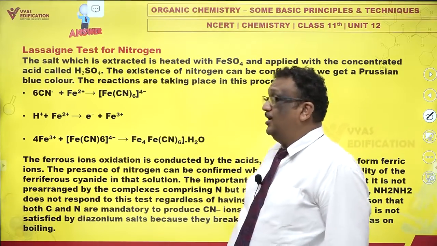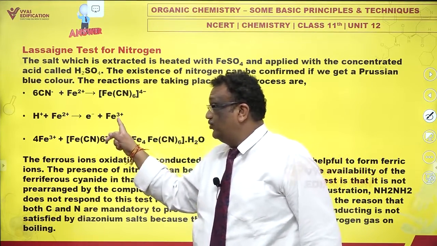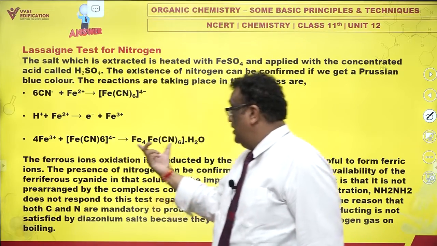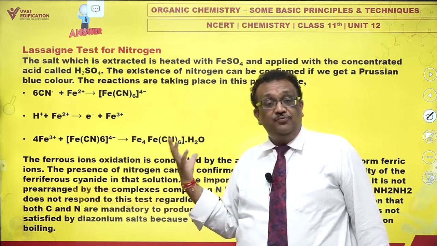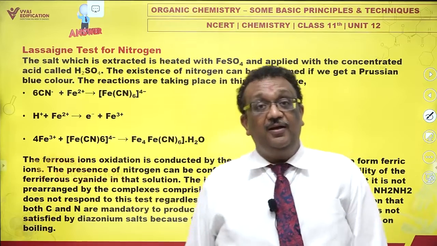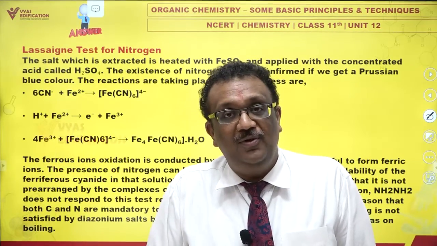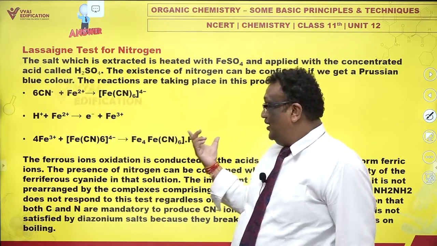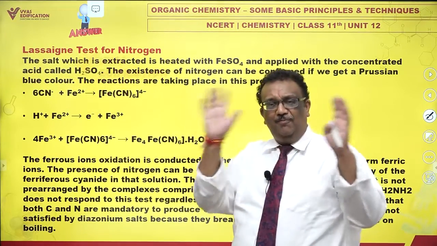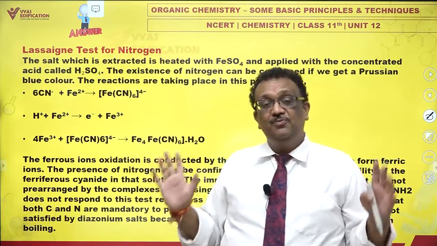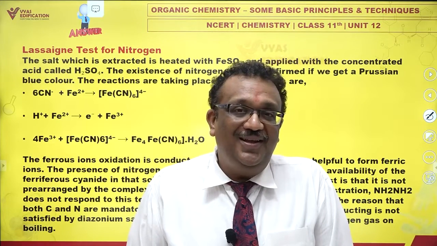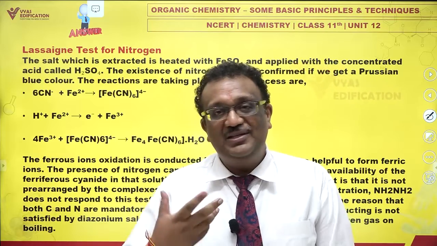Even if some ferrous gets oxidized to ferric, this ferric with the ferrocyanide would create a very beautiful dark blue precipitate of Prussian blue, ferriferrocyanide. This dark blue precipitate confirms the presence of nitrogen in the original organic compound as per the Lassaigne's test.